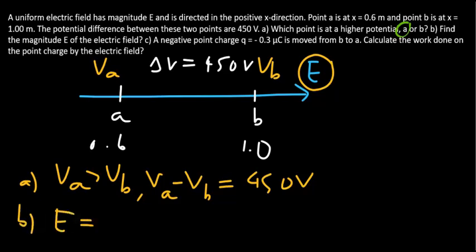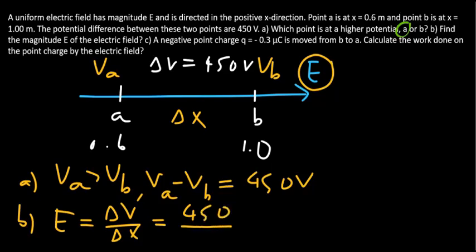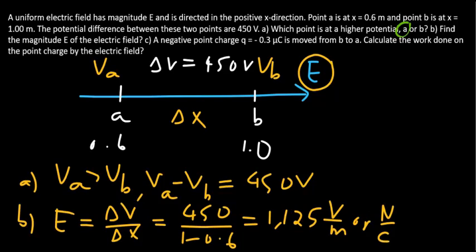We know the magnitude of the electric field is related to the potential difference in the following way. It equals the potential difference over that distance, delta x. So the potential difference is 450 volts. The distance is 1 minus 0.6. So that's going to give you an answer of 1125 volt per meter, or Newton per coulomb.